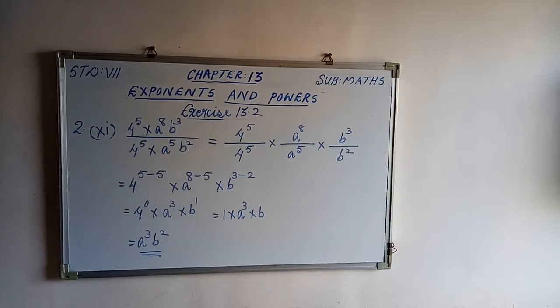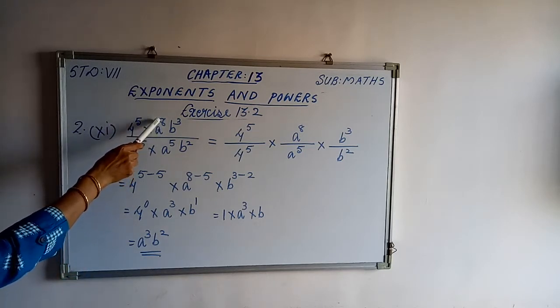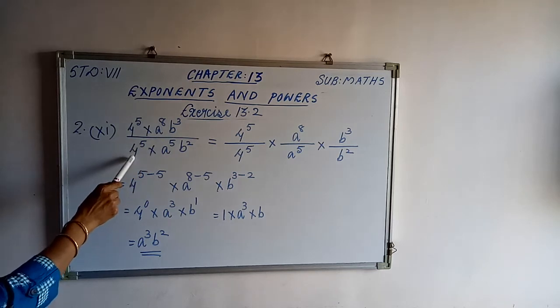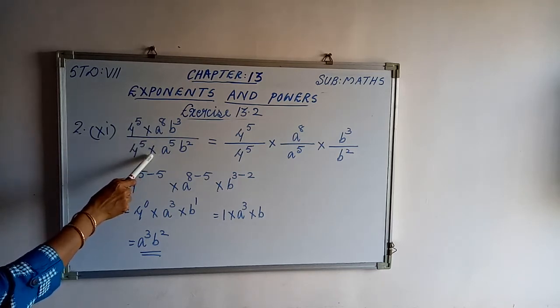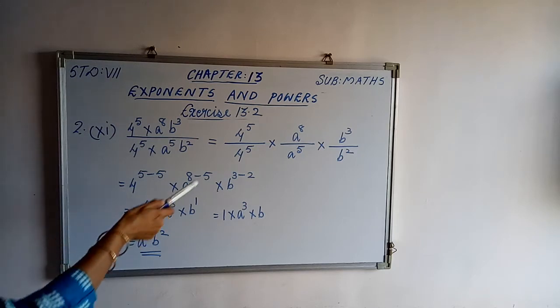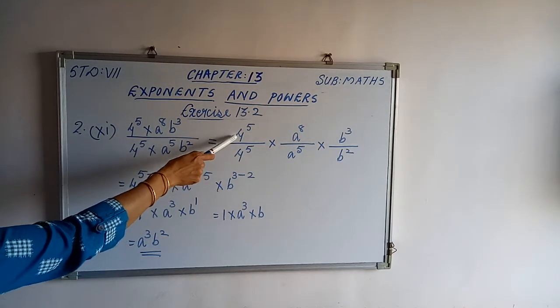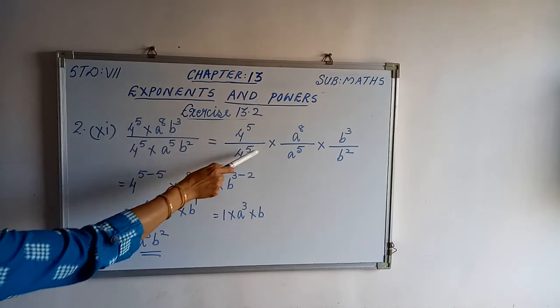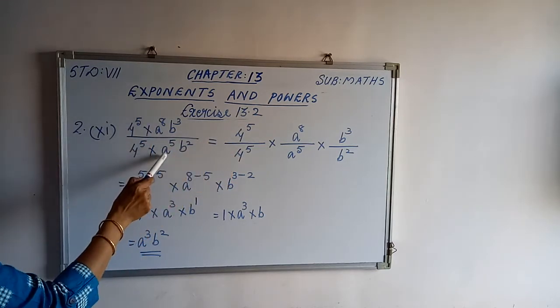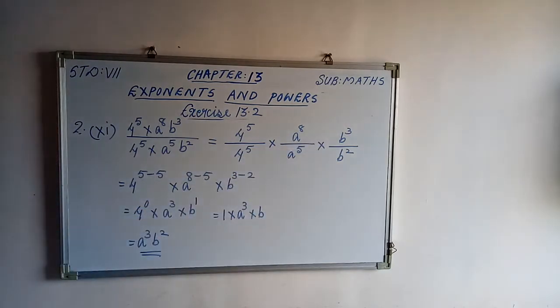11th one, 4 raised to the power 5 multiplied by a raised to 8 b cube upon 4 raised to 5 multiplied by a raised to 5 b square. Separate with the same base: 4 raised to 5 upon 4 raised to 5 multiplied by a raised to 8 upon a raised to 5 multiplied by b cube upon b square.